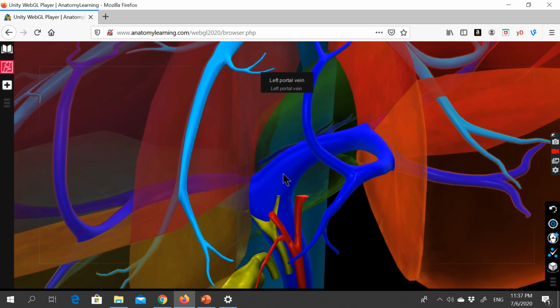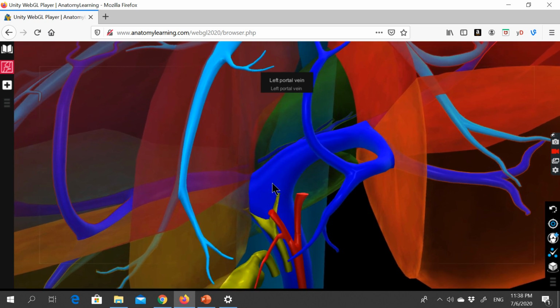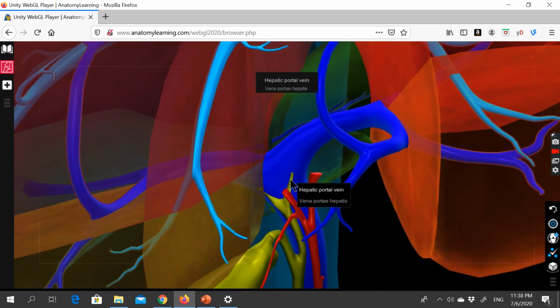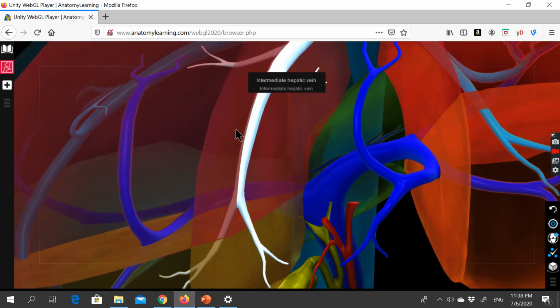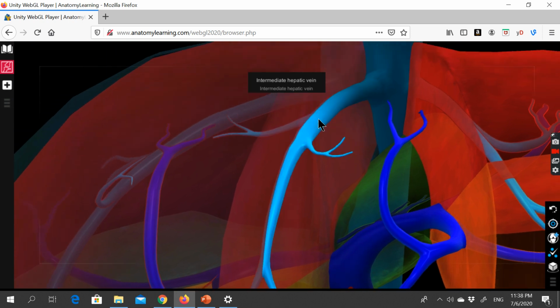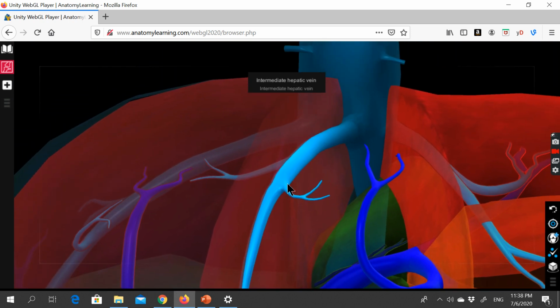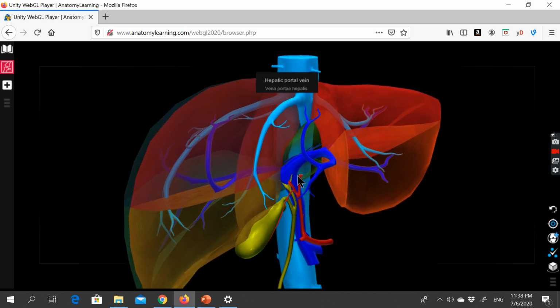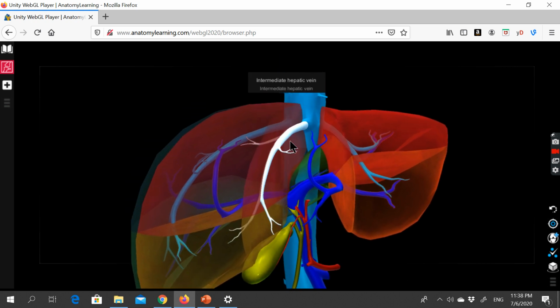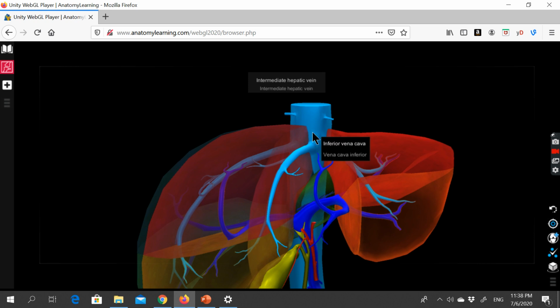So you have right here the portal vein, which is connected to the hepatic portal vein, and then you have this color right here, the brighter blue color. So the darker blue refers to the hepatic portal vein, and the lighter blue refers to the hepatic vein.